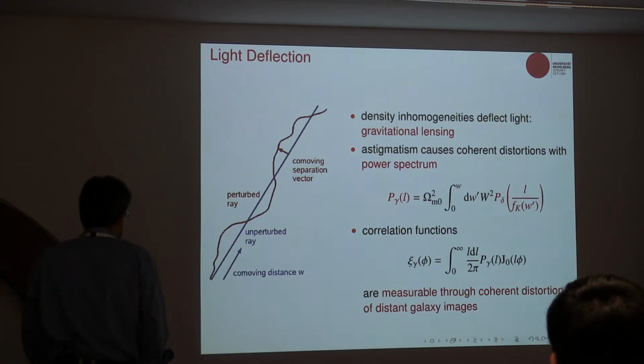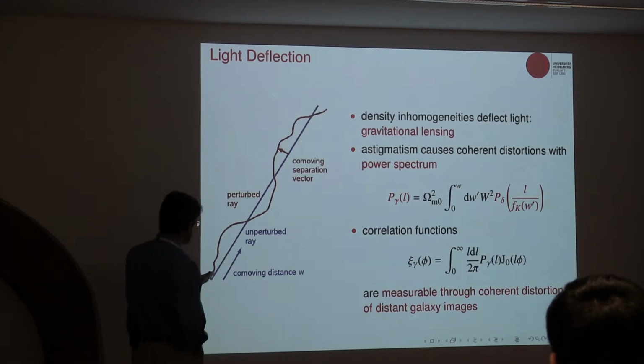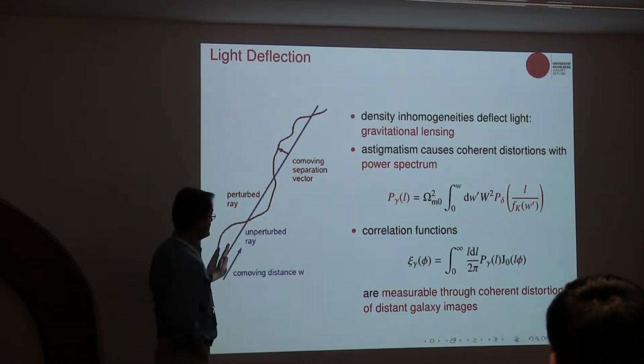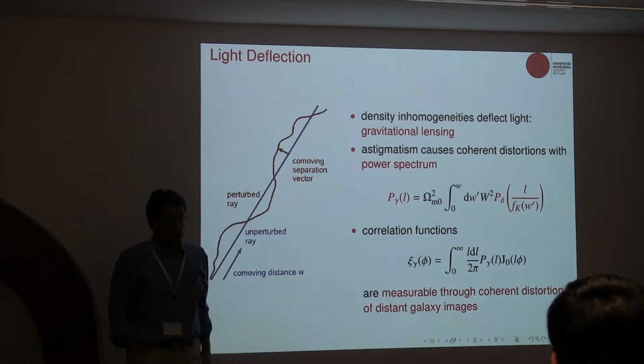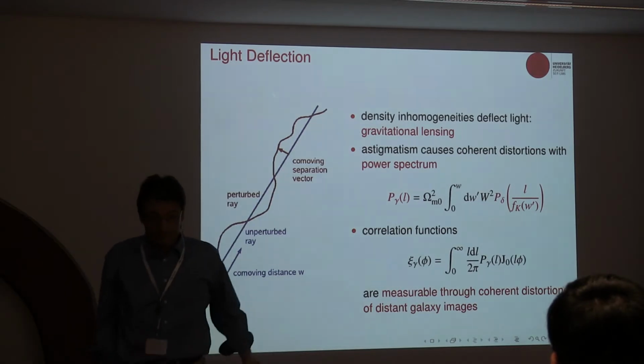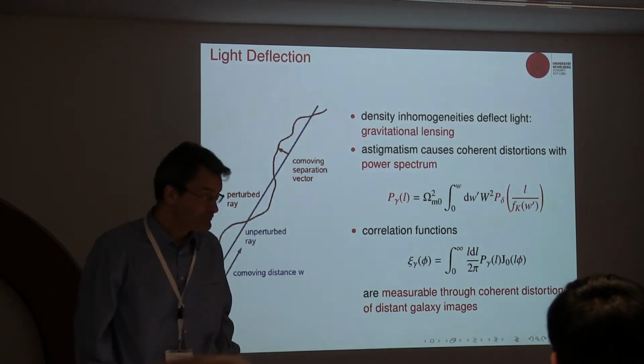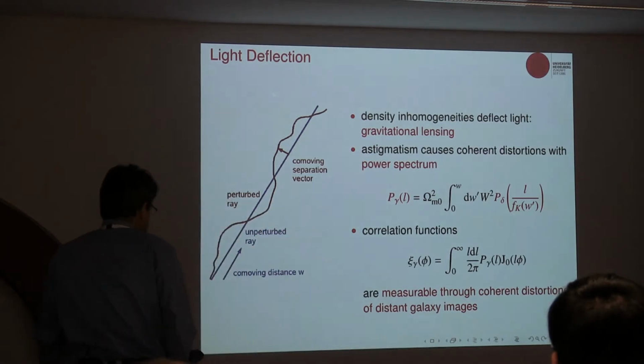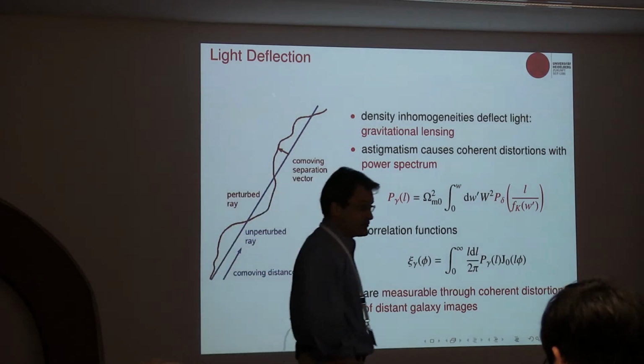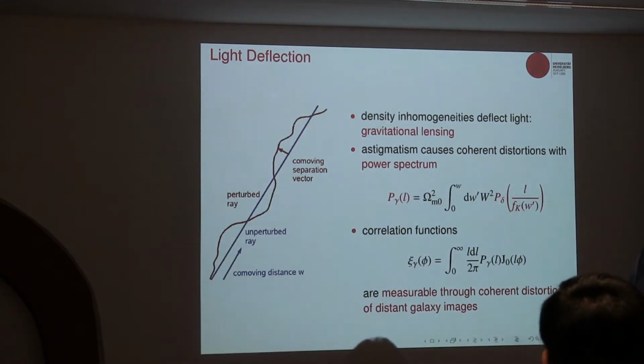But then what a light ray really does, and of course this is a gross exaggeration, is that it winds around the expected straight light ray just because it's being deflected all the time. Among other things, this means that what we see of the cosmic microwave background is not the cosmic microwave background itself, but an image of it.